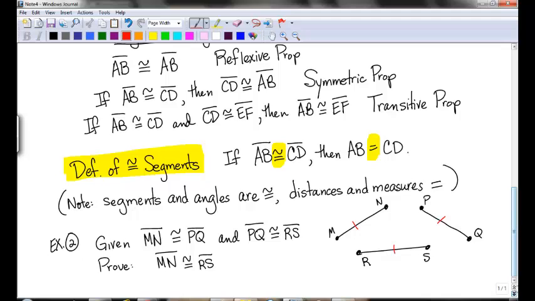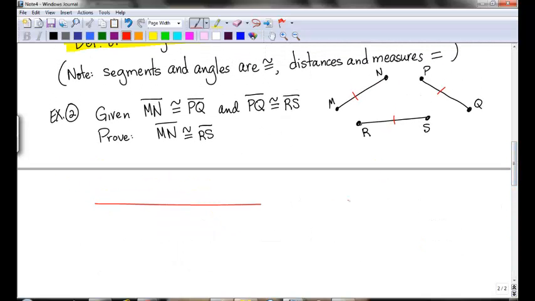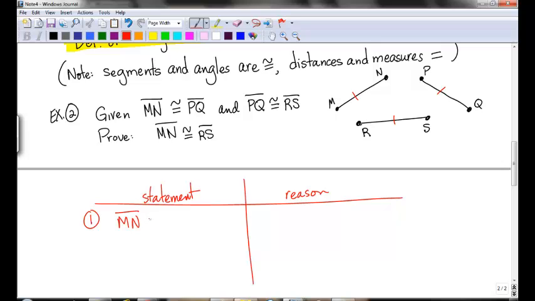Okay, so let's go through 2 columns. Still statement and reason. So segment MN is congruent to PQ.